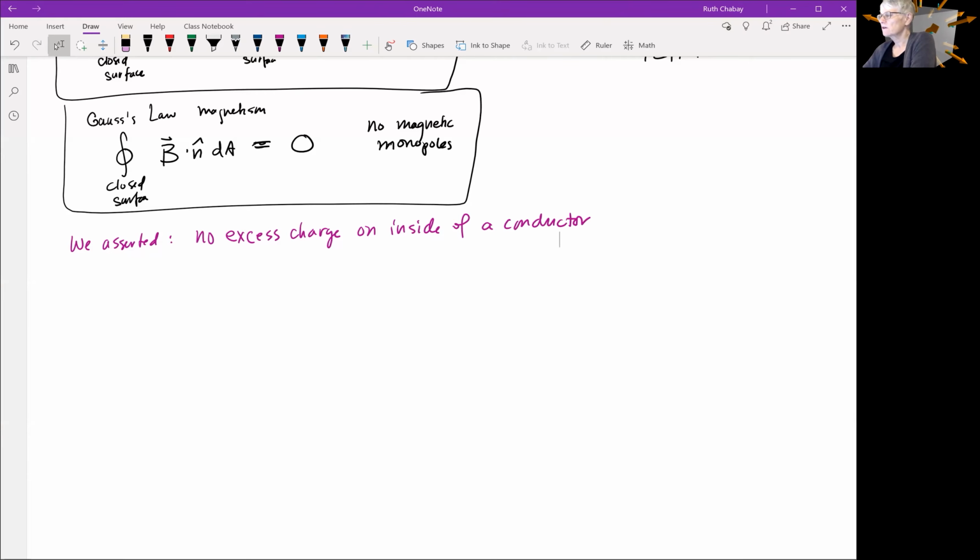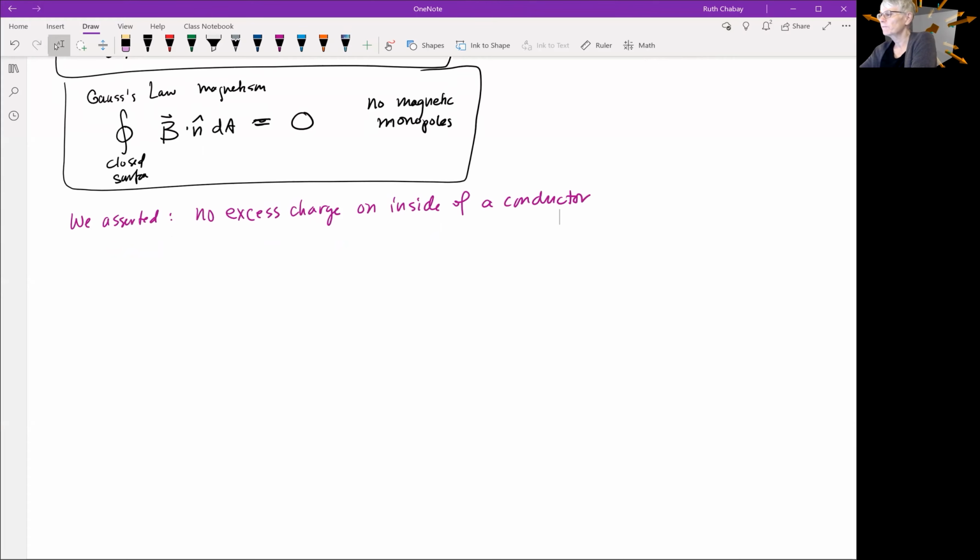So let's first remember something we did prove: that the net electric field is 0 inside a conductor at equilibrium.